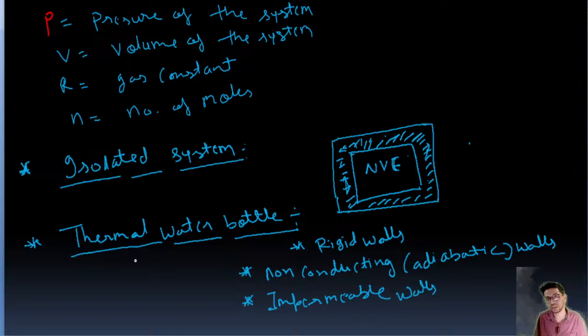For example, a thermal water bottle: the walls are rigid, non-conducting, that is adiabatic walls, meaning there is no transfer of heat energy between system and surrounding, and impermeable walls mean that the gas will not transfer into the surrounding. The wall will not allow the gas to penetrate through it.